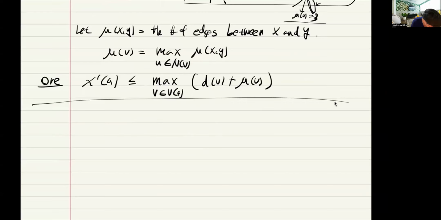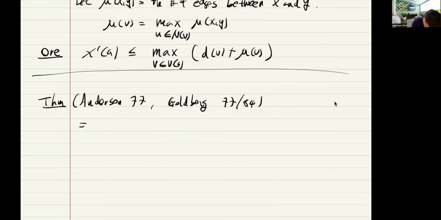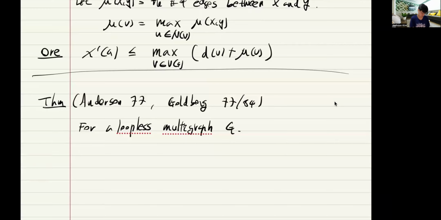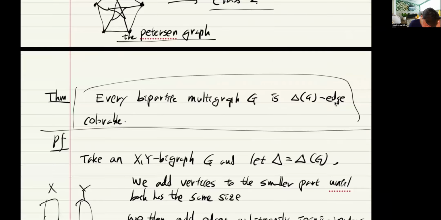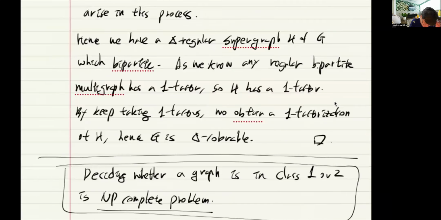And there are several more generalizations, and probably the most general one is by Andersen in 77 and Goldberg in 77 and 84, showing that for a loopless multigraph G, okay, maybe I forgot to mention that in all these multigraphs that we consider, we assume that there are no loops.